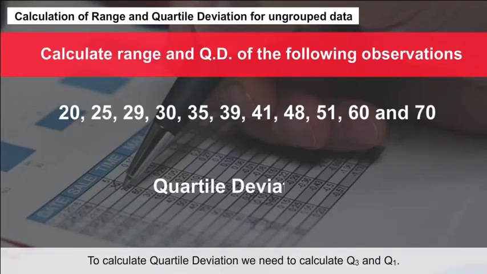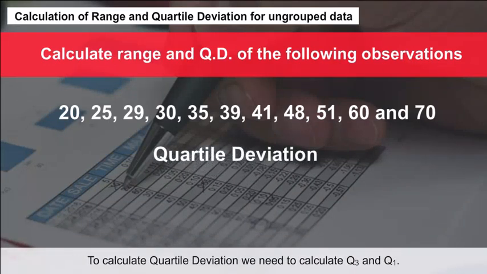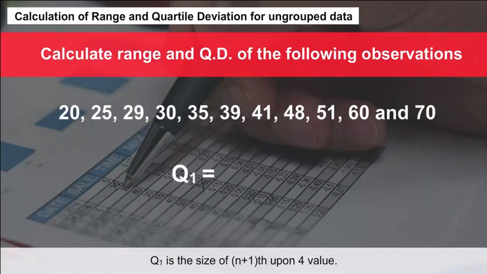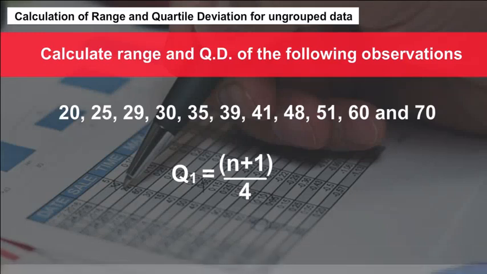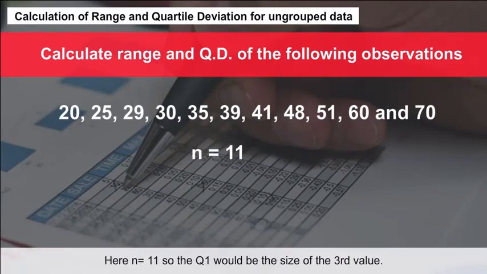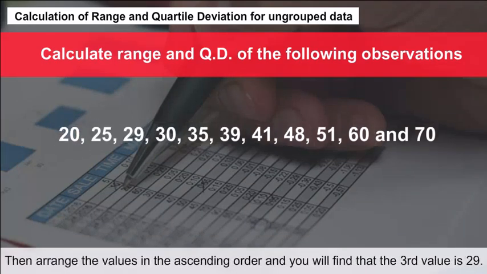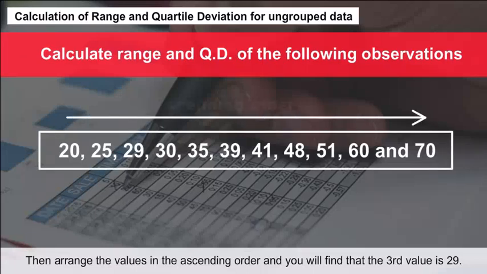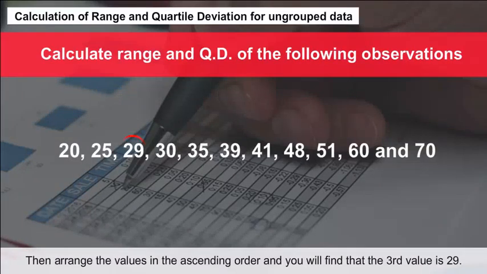To calculate quartile deviation, we need to calculate Q3 and Q1. Q1 is the size of the (n plus 1) upon 4th value. Here n is equal to 11. So, Q1 would be the size of the third value. Arrange the values in ascending order and you will find that the third value is 29.